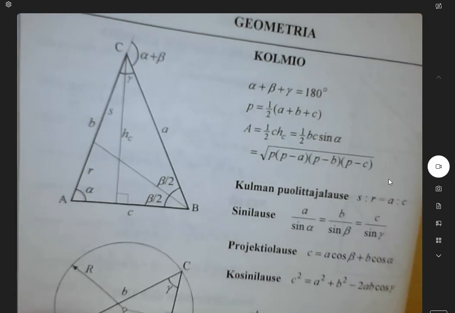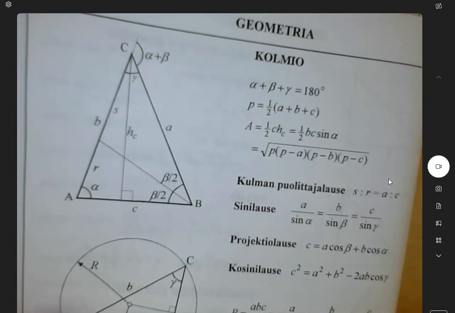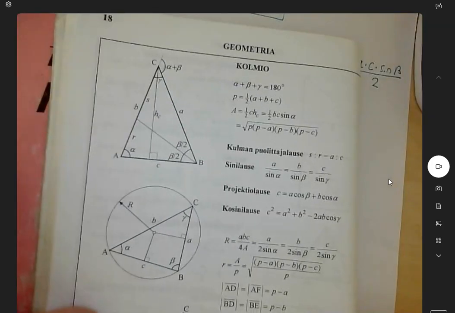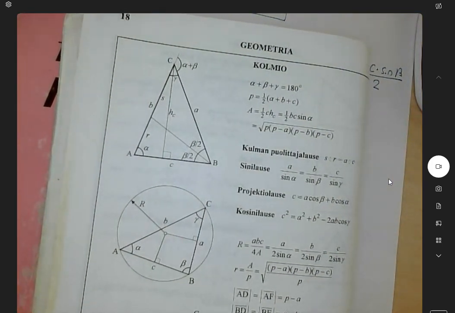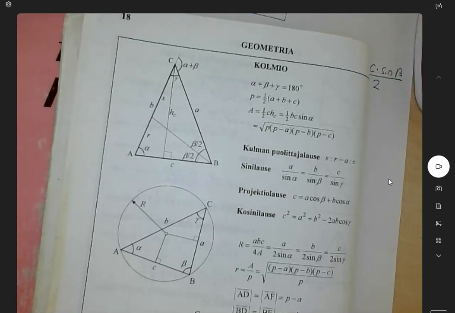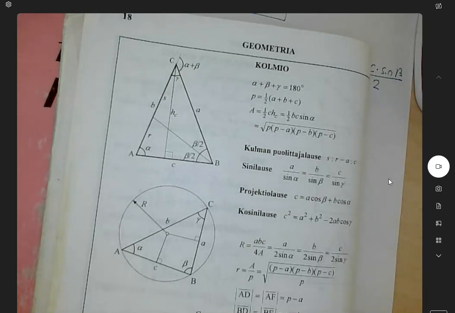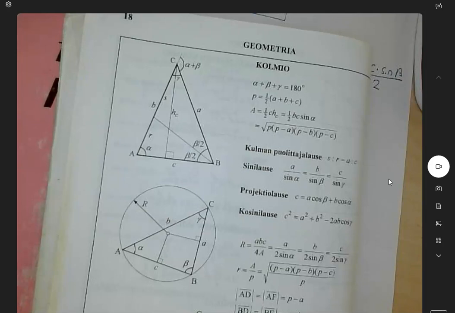It comes from the inventor of this formula. Actually, I guess this formula was probably first found somewhere in India, I think, but the person who has his name in this formula came from Alexandria, Egypt.